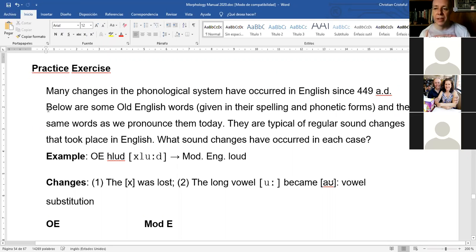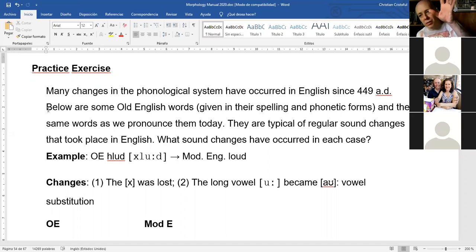Below are some old English words. You know that the history of the English language is split into 3 different eras. Old English, I don't know if you studied already Beowulf and the Canterbury Tales. And then you have Middle English, and then you have Modern English. 3 eras. When did Modern English start?